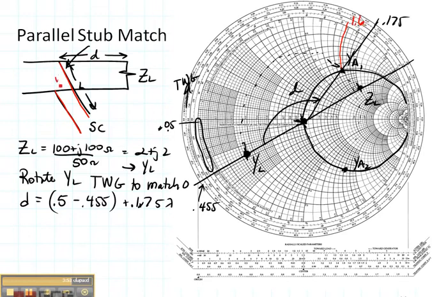I know that I want Y stub to equal minus jX. So instead of 1.6, I'm going to come down here to minus 1.6. And I'm going to call that Y stub. That is Y at the input of the stub. So let me mark that by drawing a line straight through it.